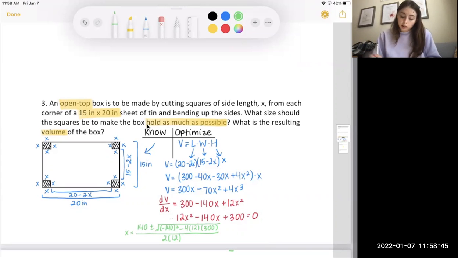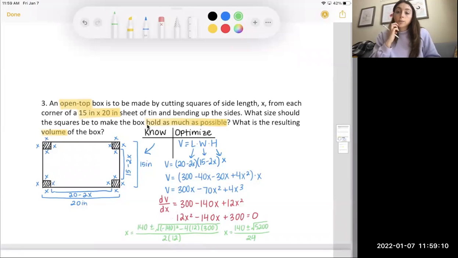I already have the calculations done. So I know that when I put this whole portion under the square root into the calculator, it gives me 5,200. So square root of 5,200 divided by 24.